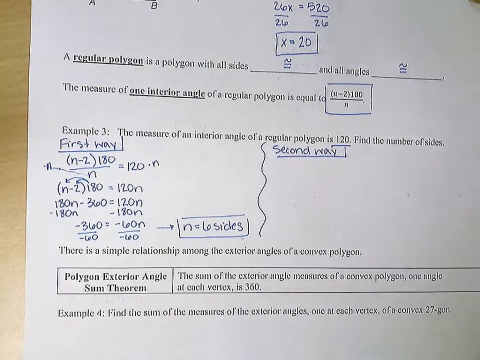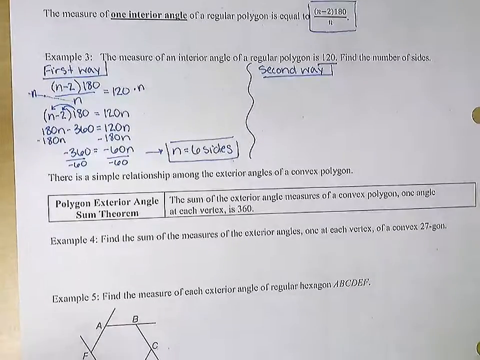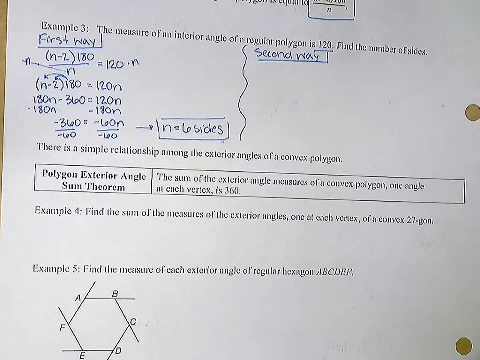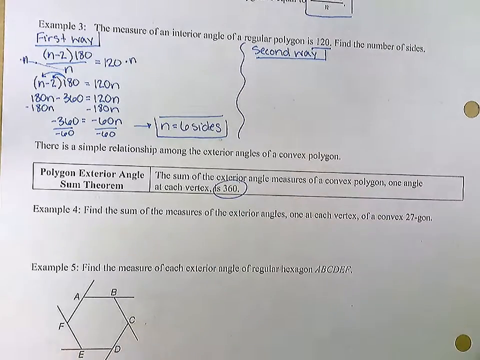Okay, so there is a simple relationship among the exterior angles of a convex polygon. By simple, I mean really simple. Okay, so I have the polygon exterior angle sum theorem. It states the sum of the exterior angle measures of a convex polygon, one angle at each vertex, is 360 degrees.